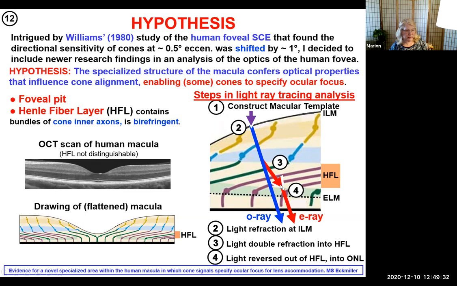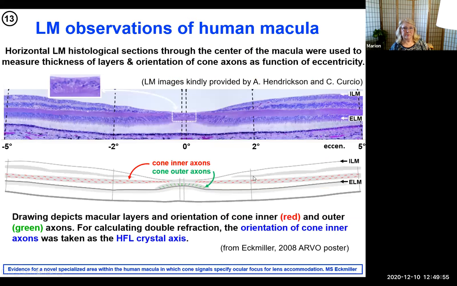Then the light leaving the HFL is going to bend backwards and travel through the outer nuclear layer until it reaches the optical apertures of cones. Please realize that in the fovea, all of the light that reaches the optical apertures of cones must travel through this Henle fiber layer.